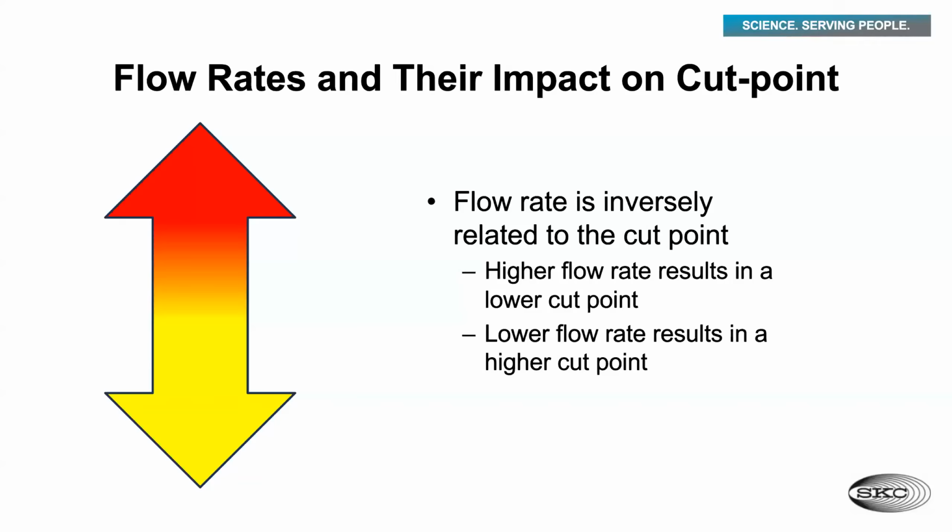So all of the particles that end up on your filter are going to end up being skewed to the left. Alternatively, if you use a lower flow rate, you're going to increase your cut point, and you're going to end up having larger particles ending up on your filter in a much higher percentage than you would otherwise.